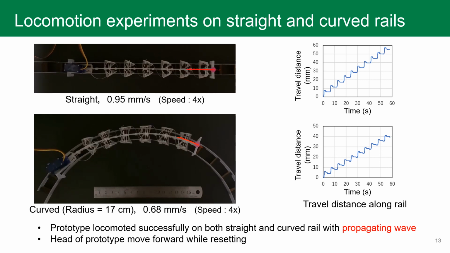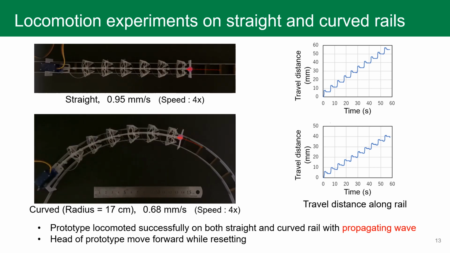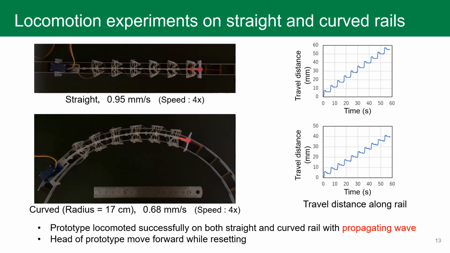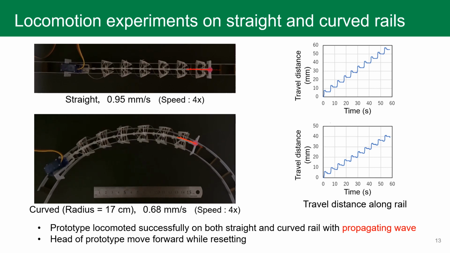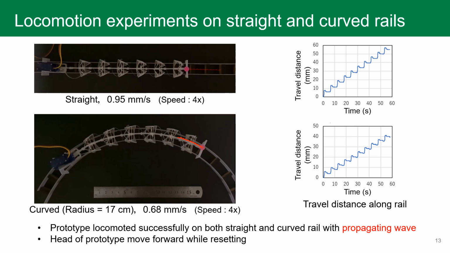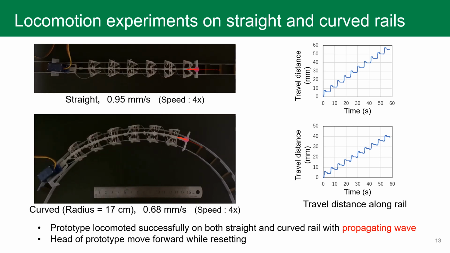On both the straight rail and the curved rail, the prototype succeeds in propagating waves and locomotion. The position marked with a marker at the head of the prototype beam advanced when the reset was performed.